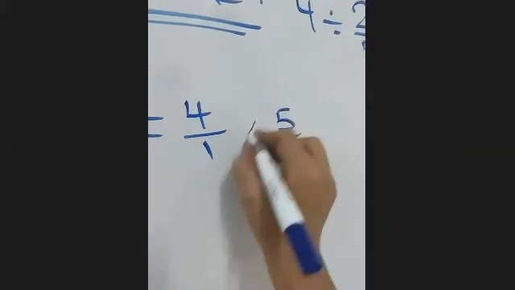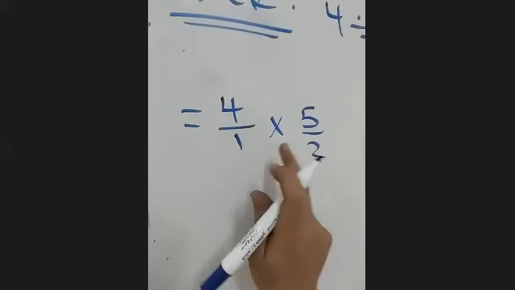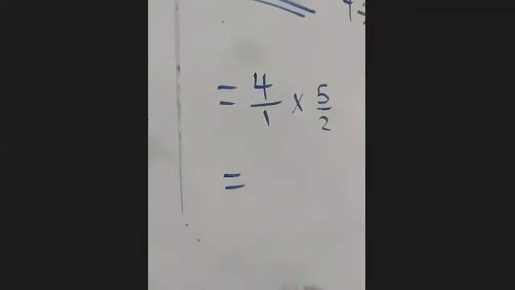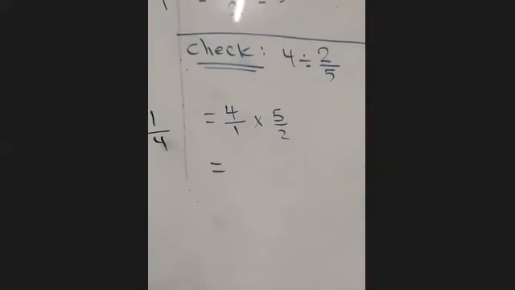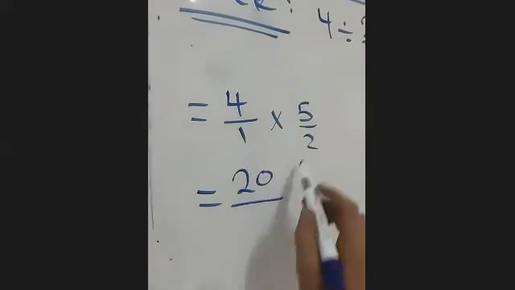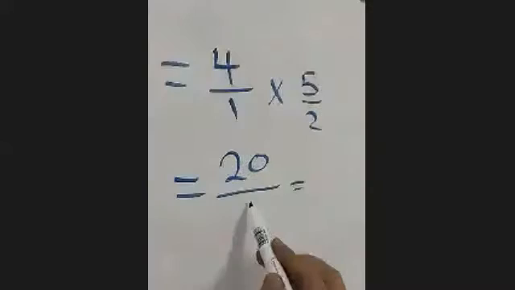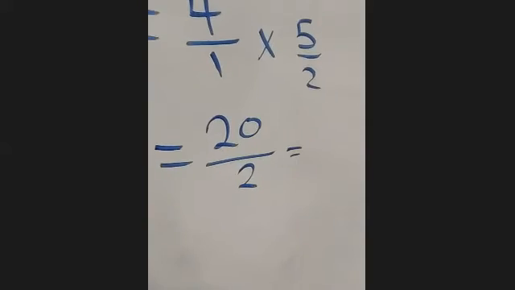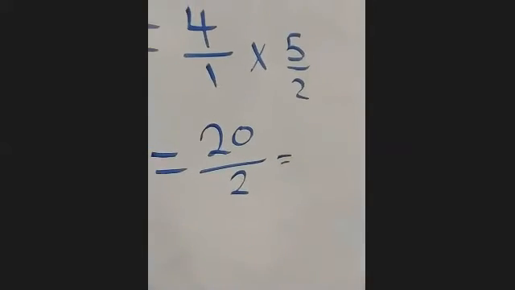So because you did reciprocal, you need to put what? Multiply. Then 4 multiply 5, 20. 20 over 1 by 2, 1, right? Over 2. 1 by 2 is 2. 20 divided by 2, how much?